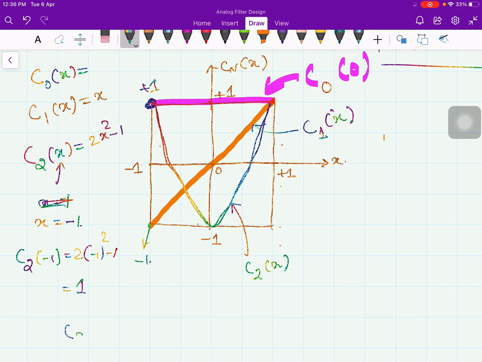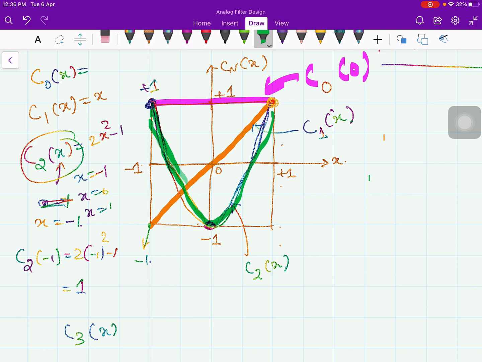And the next one is C3 of x. Substitute x equal to minus 1, x equal to 0, and x equal to 1 in this expression. When x equal to 0, you get minus 1. When x equal to plus 1, again you get plus 1. So you connect these 2 points, then it goes like this. Okay, so this green color is C2 of x.